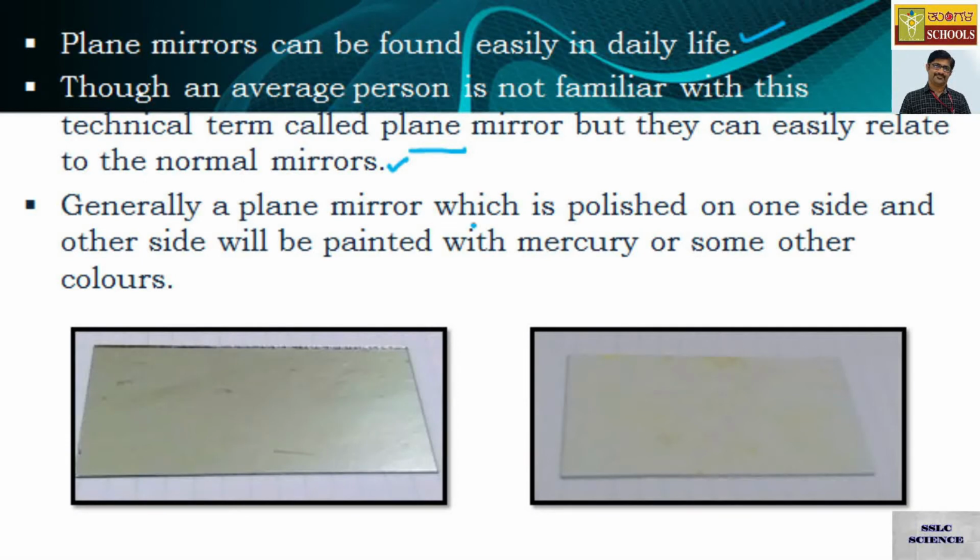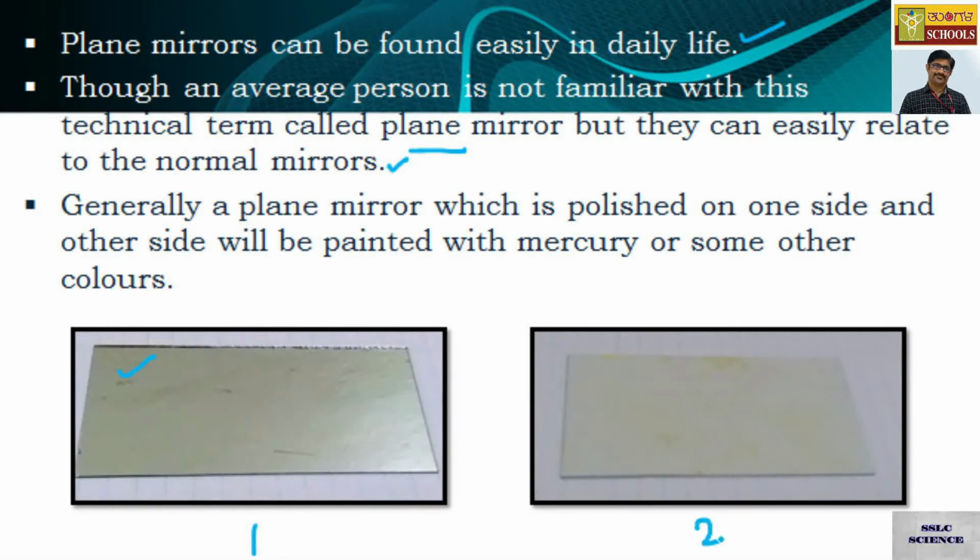Generally, a plane mirror is polished on one side and the other side is painted with mercury or some other colors. In picture number 1, that is the polished surface.